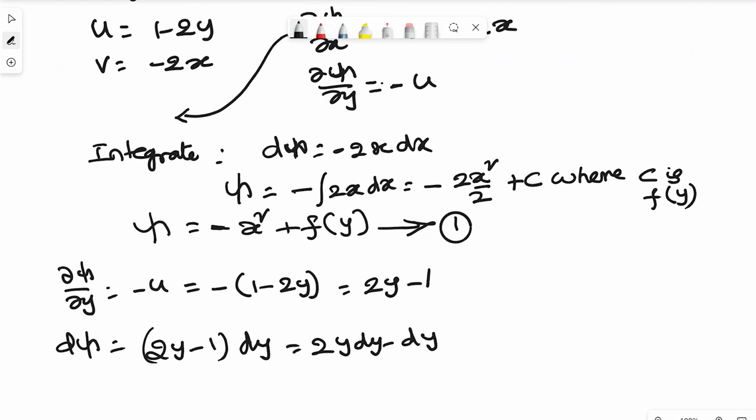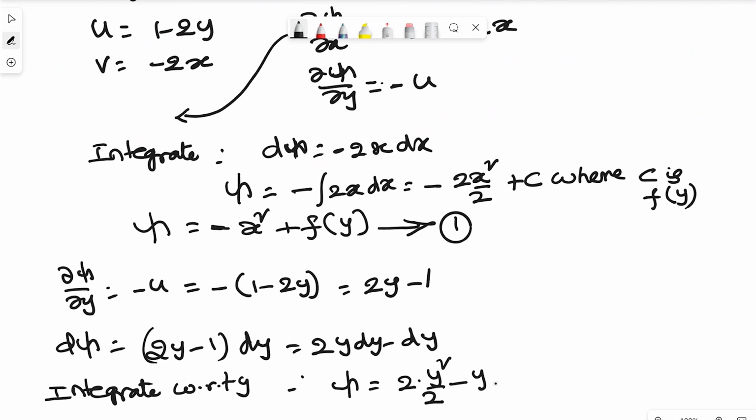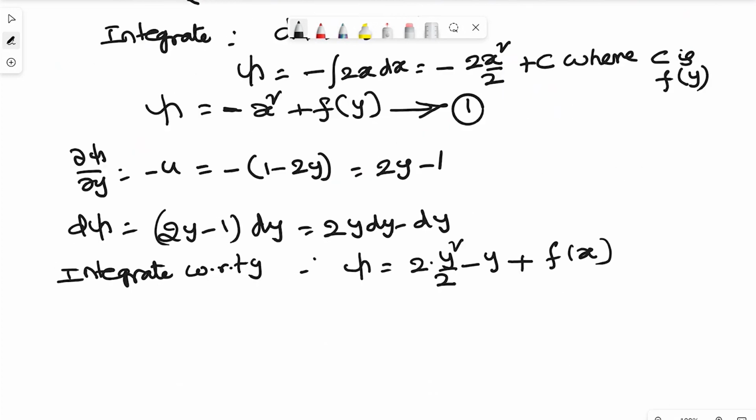Integrate with respect to y. Therefore, psi is equal to 2 into y squared by 2 minus y, plus function of x. This you call it as 2.